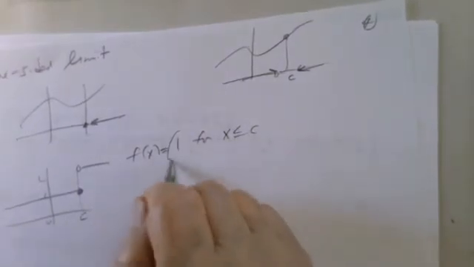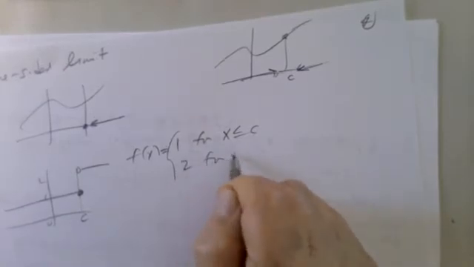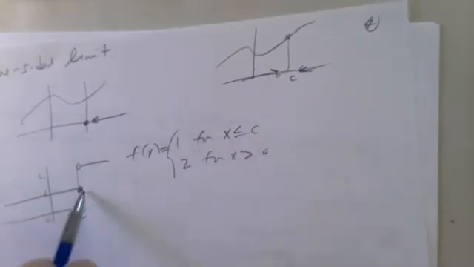So just to draw a picture of what this could be, suppose we have a function f of x, which is equal to 1 for x less than or equal to c, where this is some number c, and it's equal to 2 for x greater than c. Now, as you approach this number c, there's no limit, because it matters whether you're coming from the right or from the left. But we do have the one-sided limits.